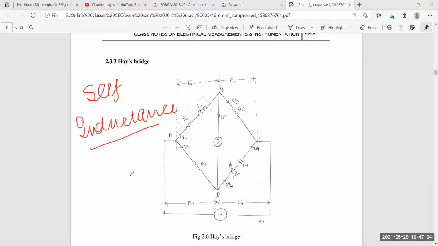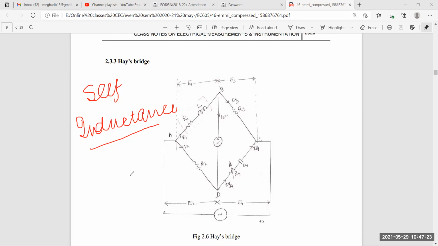Maxwell bridge is only appropriate for measuring medium quality factor. Yesterday I also discussed quality factor with you, right? In inductance, capacitance, we discussed the quality factor. That quality factor in Maxwell is of medium quality.